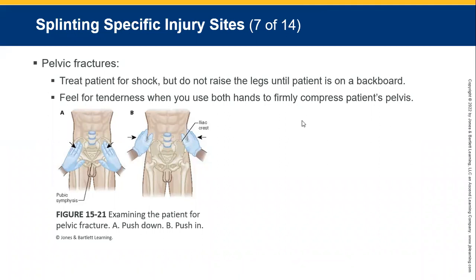One has to remember that one of the most painful fractures you can have is a pelvic fracture. The patient will not be able to move their legs. They won't want to lift them, they won't want to move them. You're not actually going to move the patient without causing immense pain to the patient. So always be aware of these things when checking for pelvic fractures.